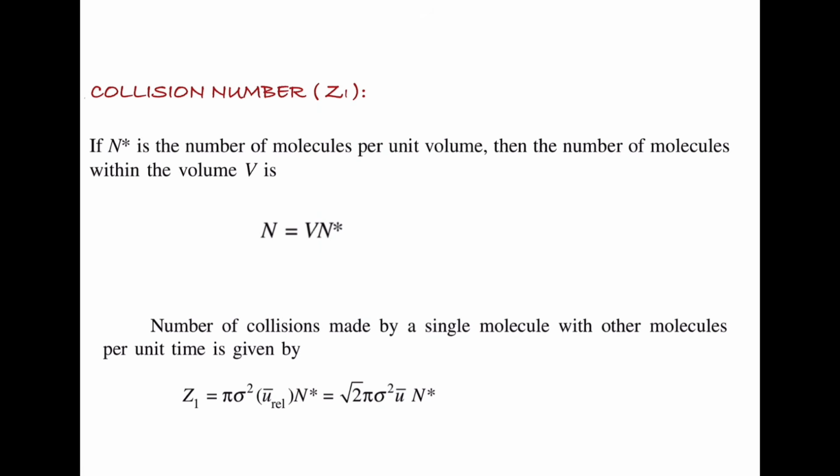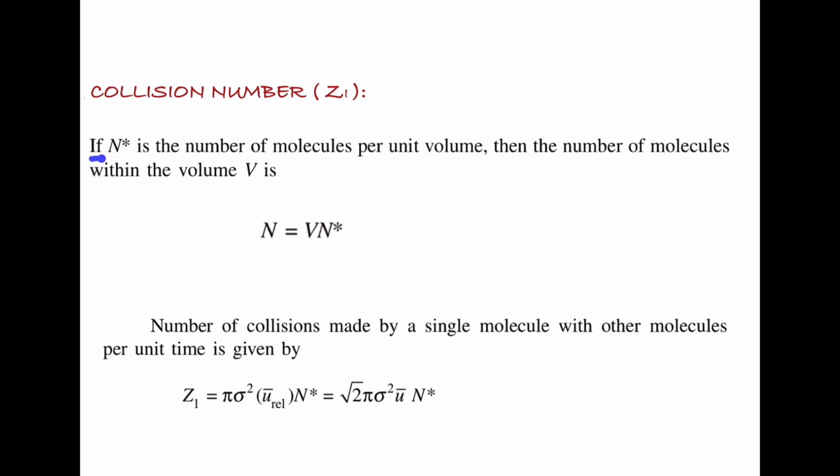So now let us take the collision number mathematical expression. Already the definition part we covered. Collision number is the number of collisions made by a single molecule in unit time and unit volume. The definition we already discussed.